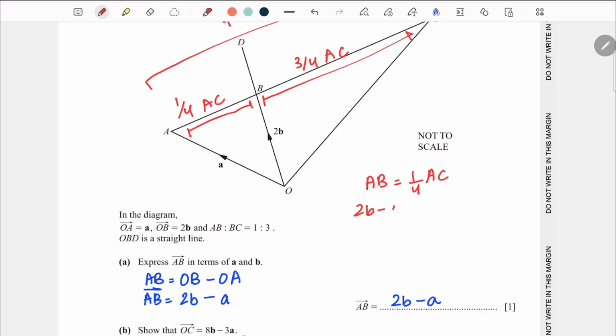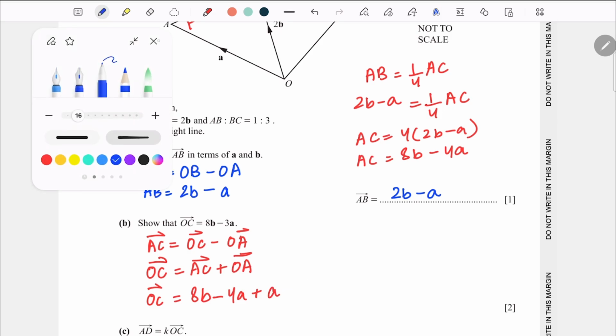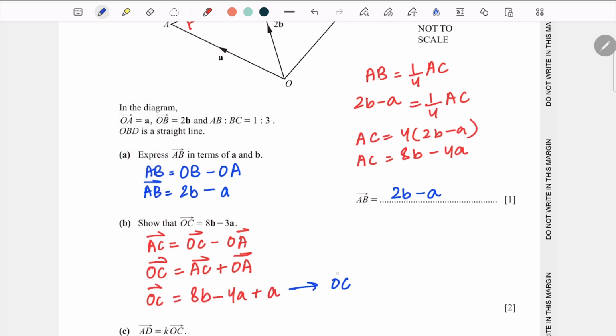AB was 2b minus a, and AC will be equal to 4 multiplied by 2b minus a, which is equal to 8b minus 4a. I'm going to put this value of AC into the equation. So OC is equal to AC, which is 8b minus 4a, plus OA, which is a. And the final equation is OC is equal to 8b minus 3a.